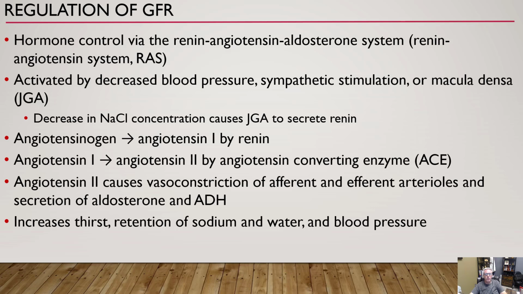All right, so more regulation of GFR. I mentioned earlier that we have the renin-angiotensin system, or some people call it the renin-angiotensin-aldosterone system. I learned it without aldosterone, so I just call it the RAS. It's activated by low blood pressure, sympathetic stimulation, or the macula densa.